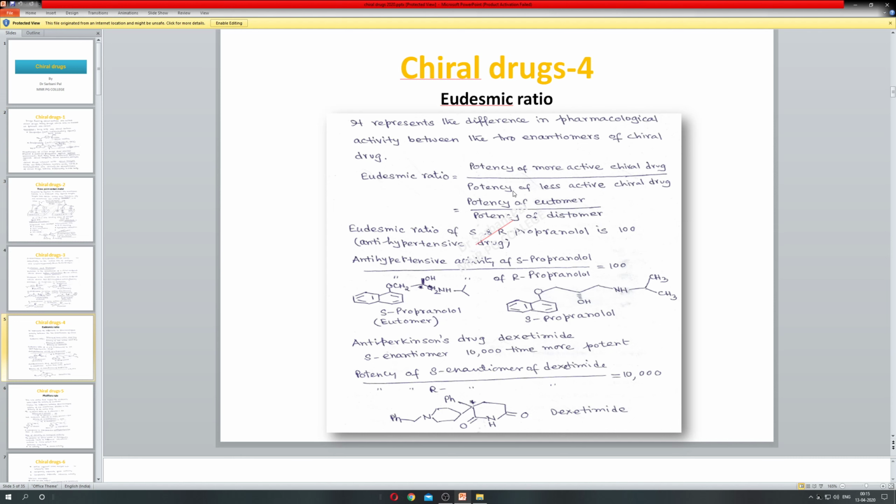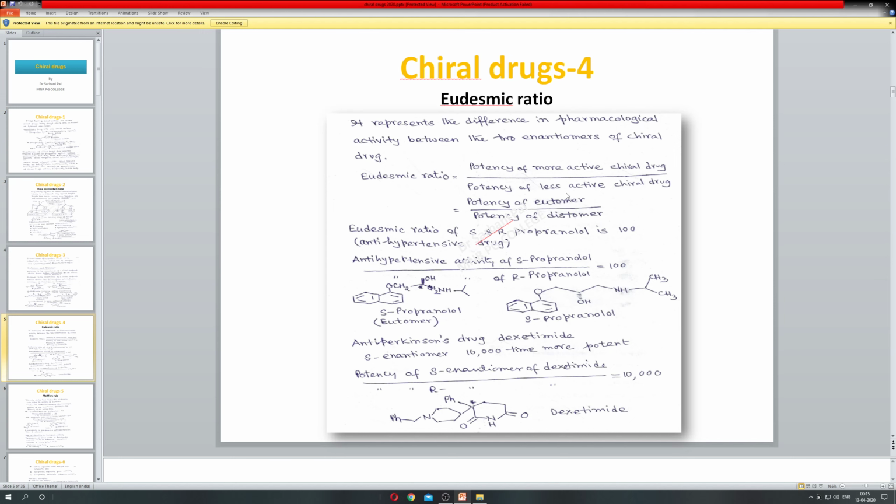So what is the significance of this Eudysmic ratio? The Eudysmic ratio represents the difference in the pharmacological activity between the two enantiomers. Now if this ratio is more, what does it mean? If this ratio is less, what does it mean?